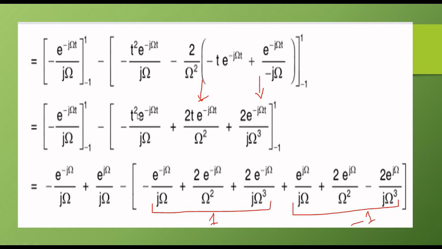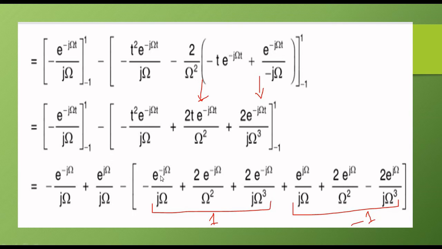So where do you have to substitute the limits? Wherever you have t, you will have to substitute the limits. Why do we substitute in place of t? Because the entire integration we have done is with respect to the time t. So wherever you have t, you will have to substitute the limits. So let's start. Minus t squared e power minus j omega t. So substitute 1 here.